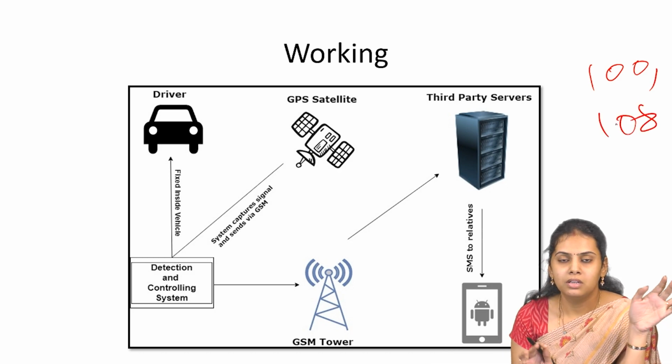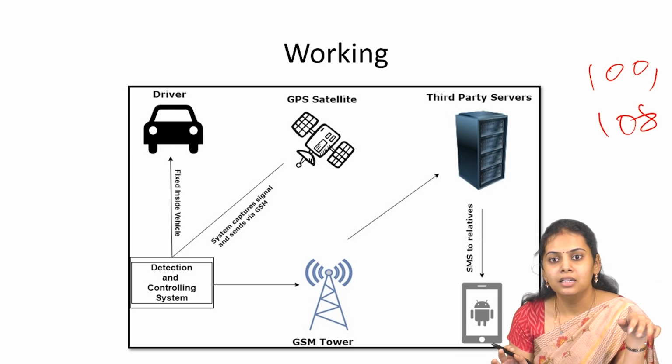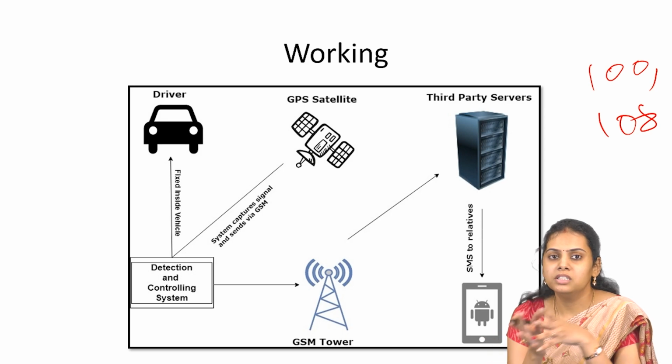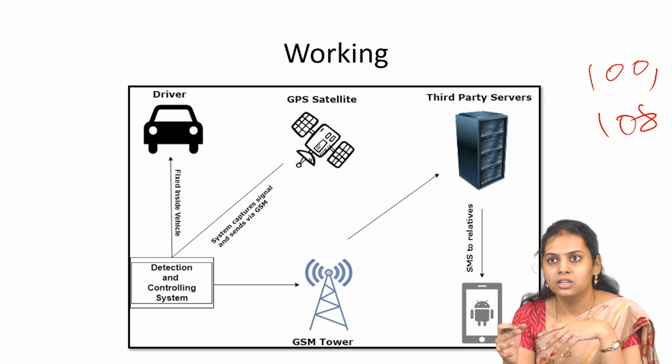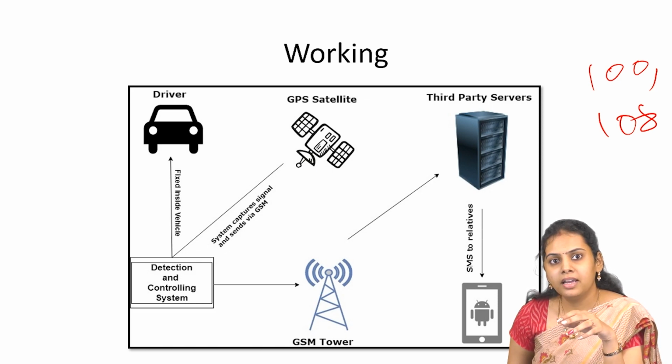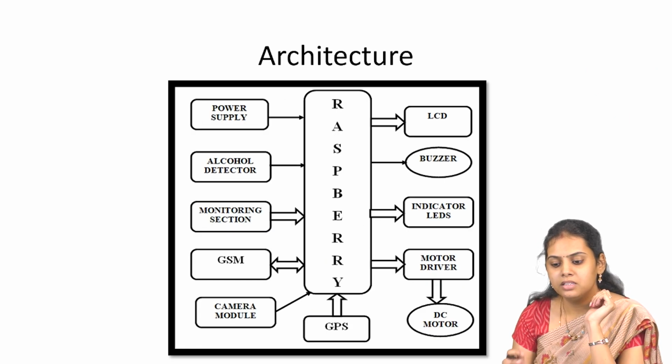If a person is drunken, how can he reach his home? He can't, as we turn off the engine. So we are informing people to help him get to his place. And through GPS it shares the location as well. This is the architecture of this project.